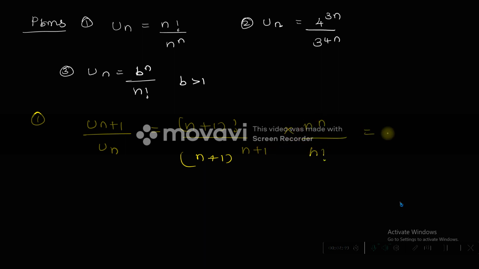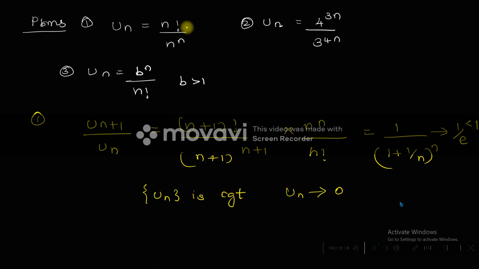The n factorial gets cancelled, so we get 1 upon (1 + 1/n) to the power n, which is 1 upon e, which is less than 1. Hence u_n is convergent and converges to 0. So the limit of the first sequence is 0.